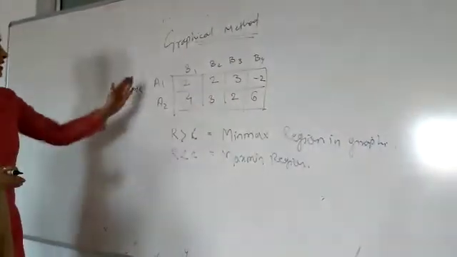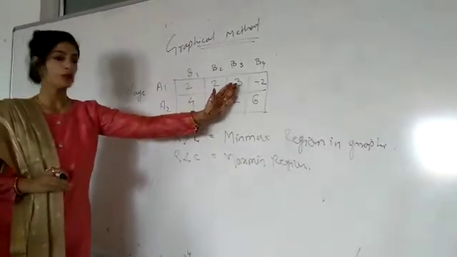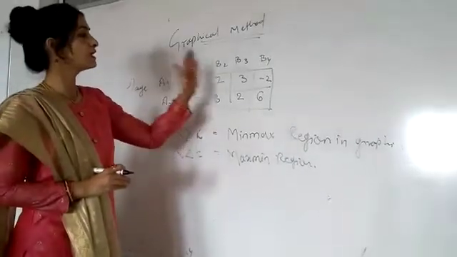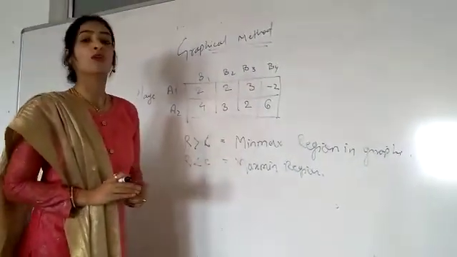A1 is the first row, A2 is the second row, B1 is the first column, B2 is the second column, B3 is the third column, B4 is the fourth column.